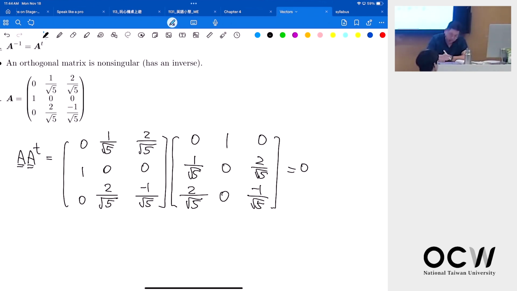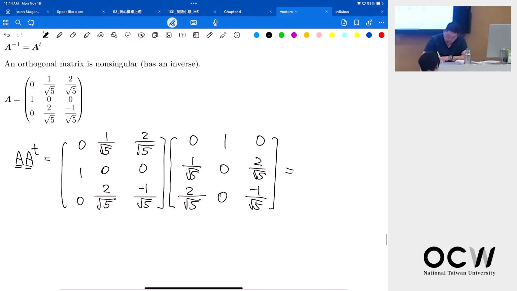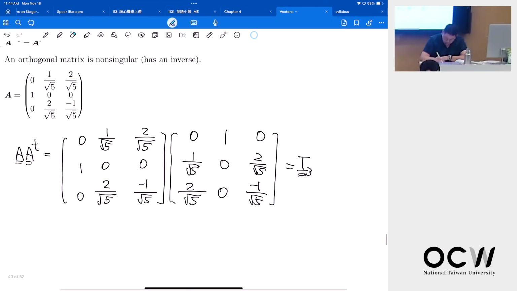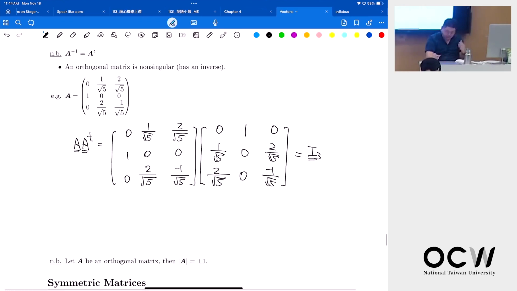Now it should be the identity matrix, 3 by 3. So I3. And since A times A transpose is an identity matrix, then I don't need to calculate the inverse. The inverse is just the transpose matrix of A.